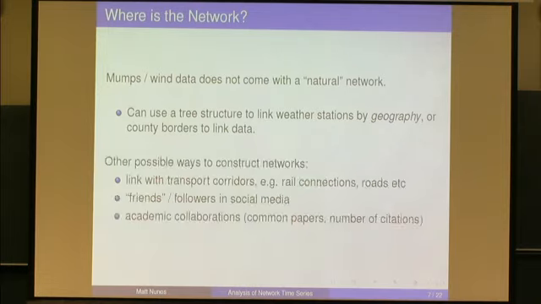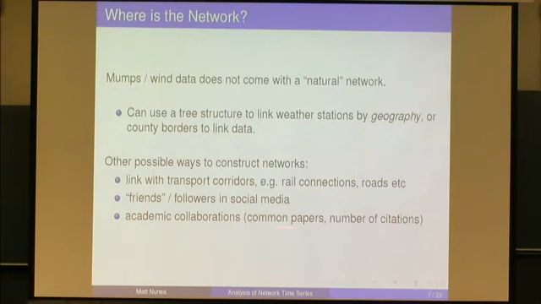Okay, so there are other ways to create these networks. As I said, transport corridors, rail networks. Guy, in one of his papers, did some analysis of rail delay network data. You can use your friends and followers on Twitter or Facebook or whatever.